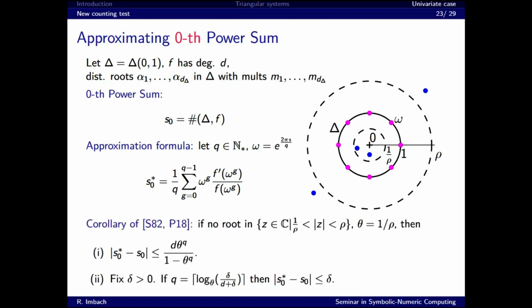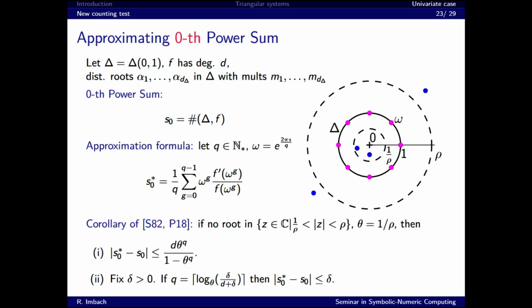Okay, so now, as a consequence of the theorem I was citing previously, provided that the disk is rho isolating and defining theta as 1 divided by rho, we can say that the distance of S0 star to the number of roots is less than this number, that is about d times theta to the q.